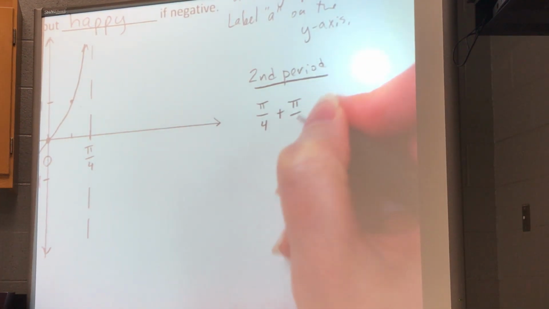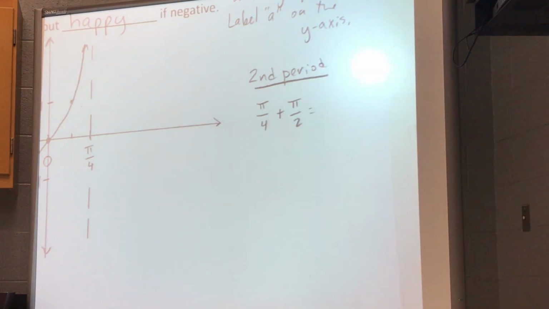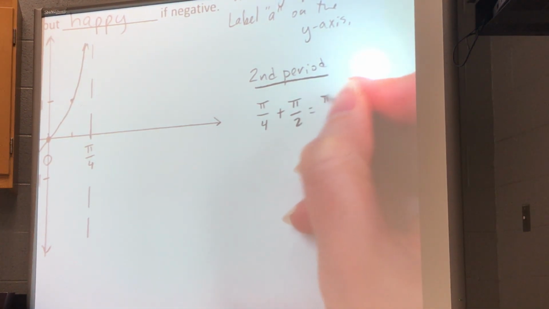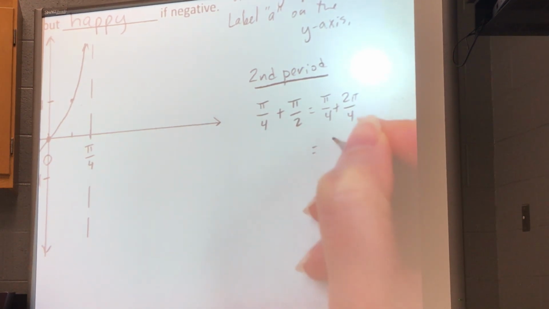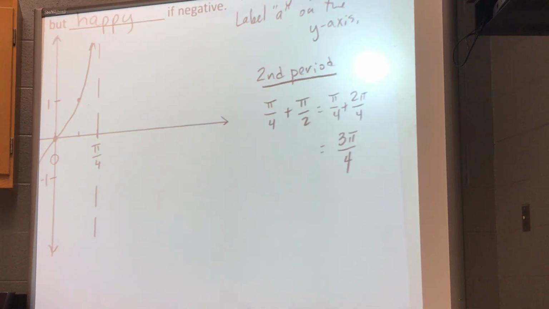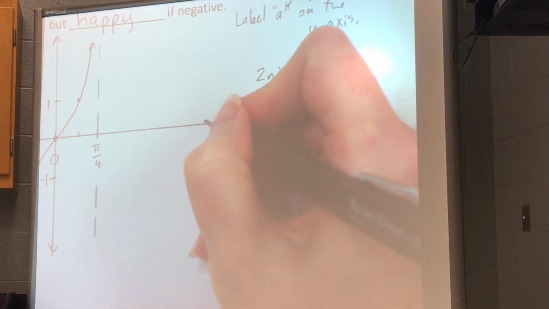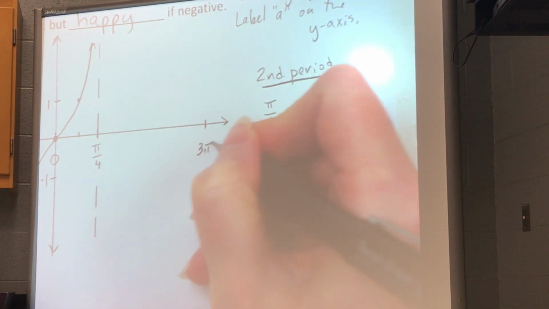You want to add the period. Alright, so we're going to need, obviously, a common denominator. Alright, so my second period is going to end over here at 3 pi over 4.